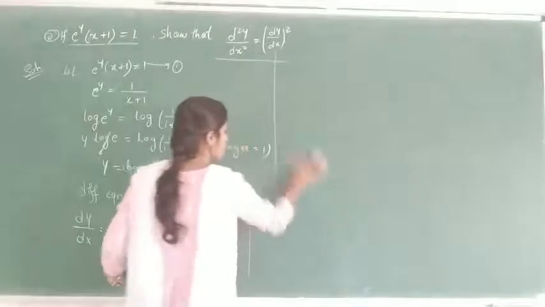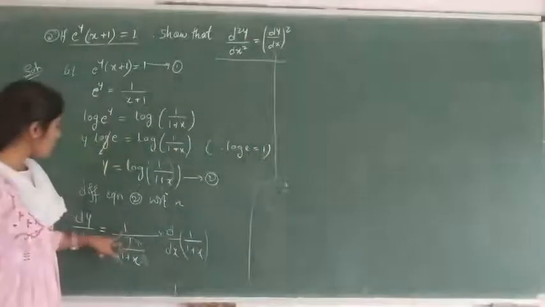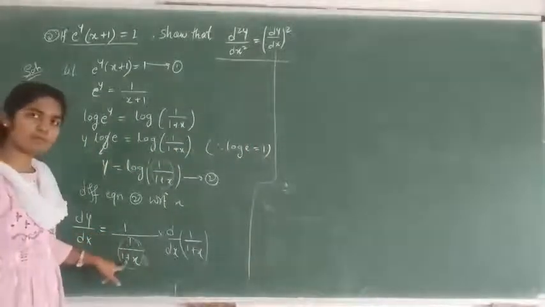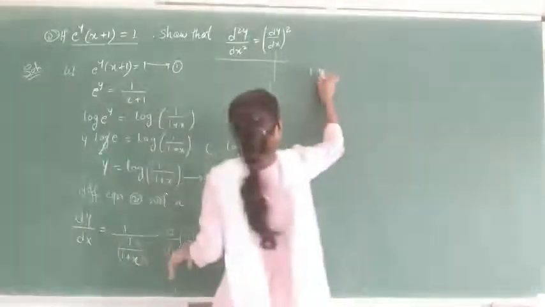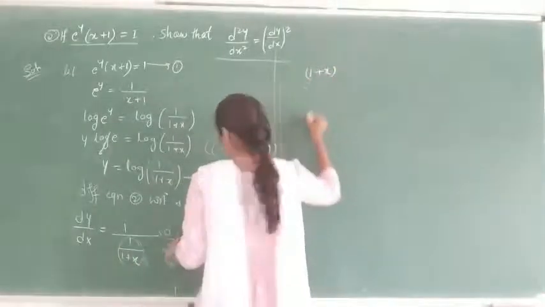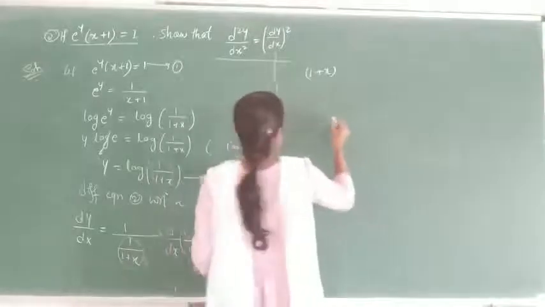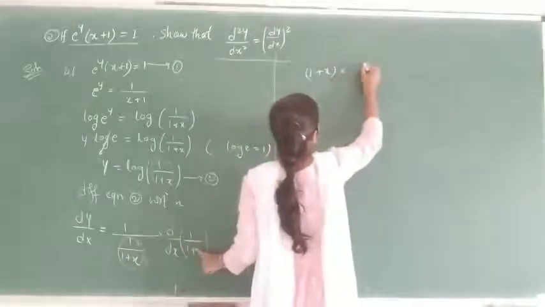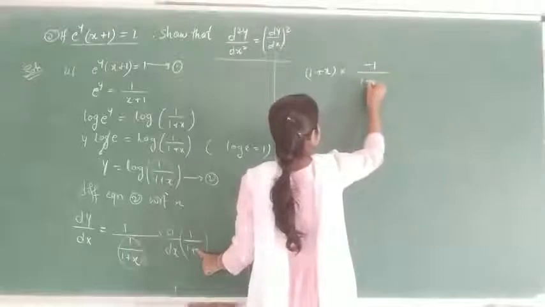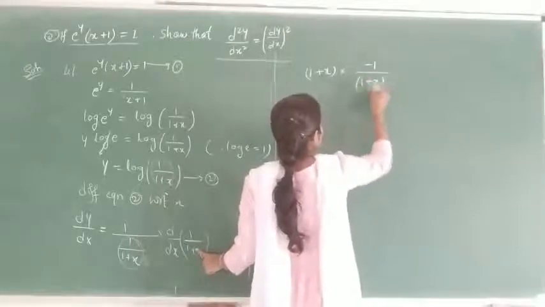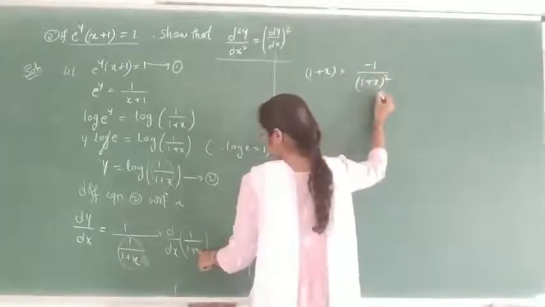So similarly here, 1 divided by 1 whole divided by 1 by 1 plus x can be written as 1 plus x. So 1 plus x into the derivative of 1 by 1 plus x, which is minus 1 divided by 1 plus x whole square, just now only we have done that.